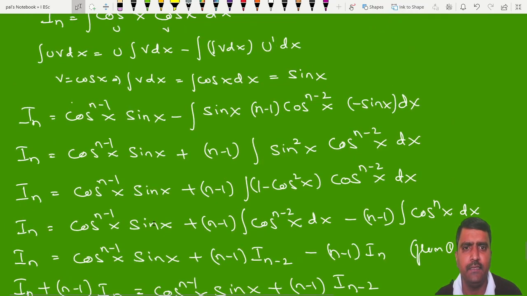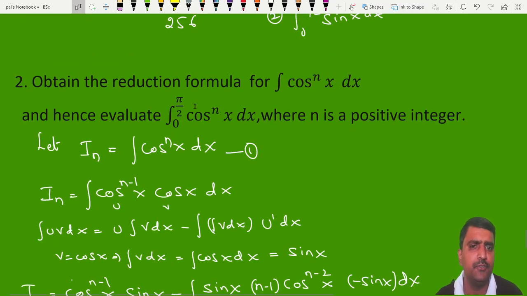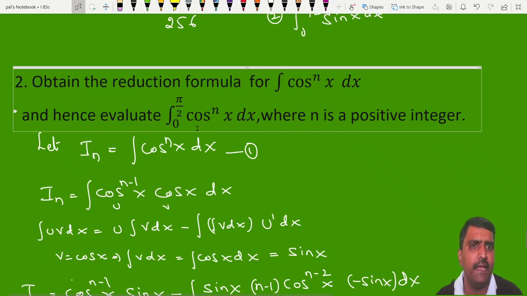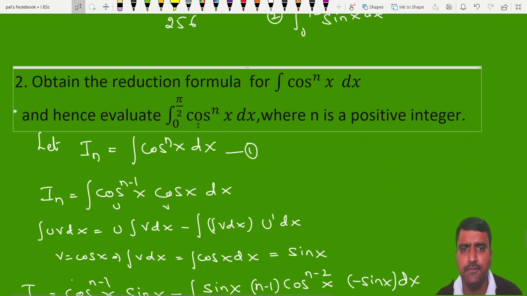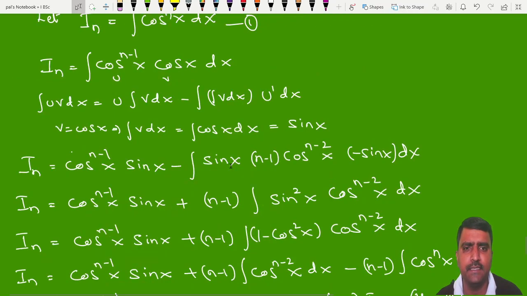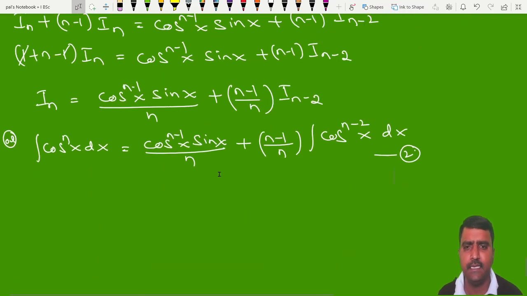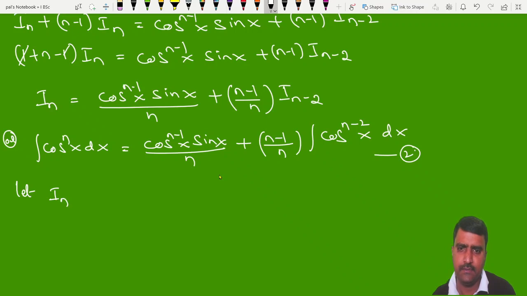And again, with the limit 0 to pi by 2, what is its value? We already found integration from 0 to pi by 2 of sin to the power n x dx. Similarly, we have to find it for cos. To find the value of integration from 0 to pi by 2 of cos to the power n x dx, let I n dash, just a notation, you can use In also, no problem.